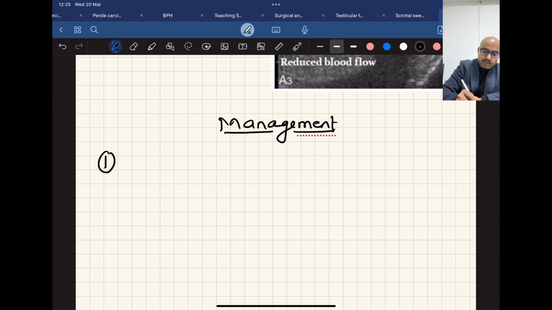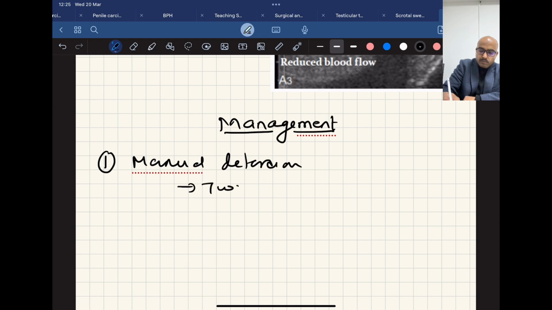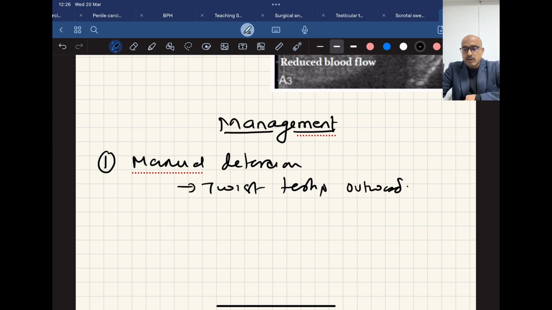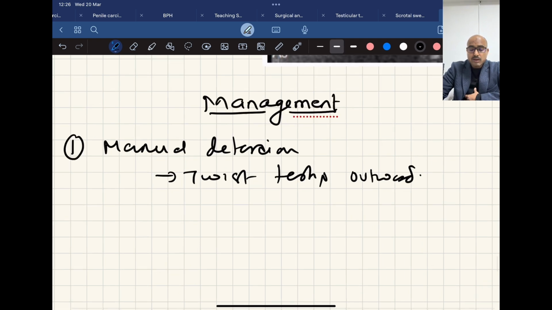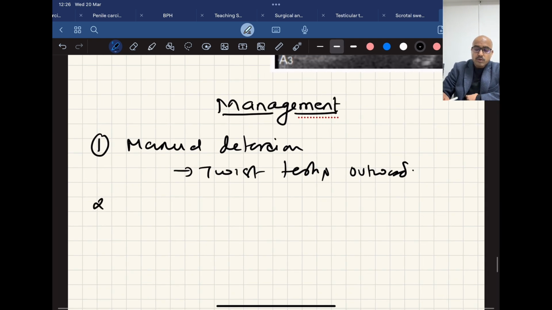Just hold the testis and twist outward. Okay, manual detorsion means twist the testis outward. It's easy to say but difficult to do because the patient is already in pain. We can start with anesthesia also, but mostly it's difficult.